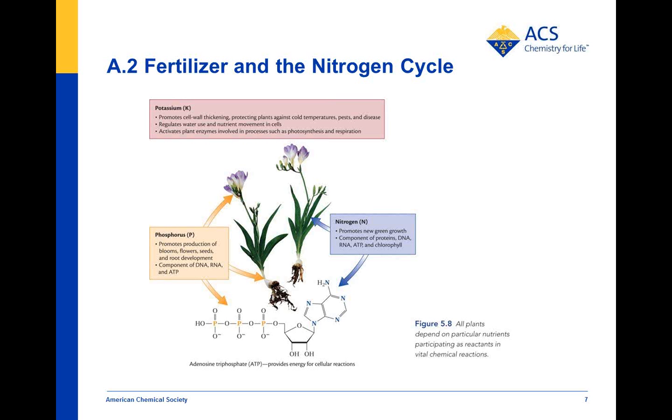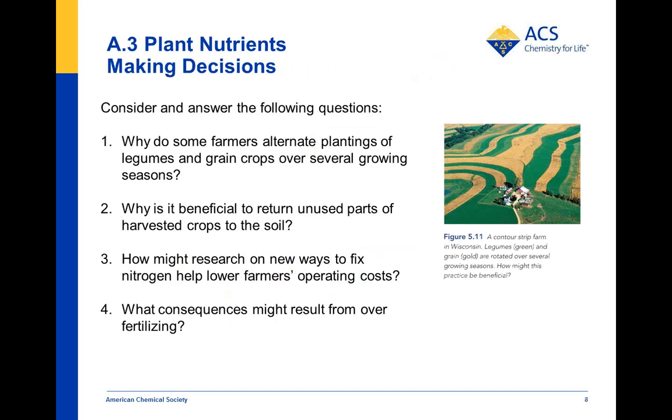In A3, they're doing a making decisions activity where the students have to look at the benefits of fertilizing versus what the negative impact might be from over-fertilizing. And perhaps in your area, like in my area in Arkansas, there's a lot of concern about waste nutrients running into the water systems and getting into lakes and streams and causing algae blooms and other types of processes.